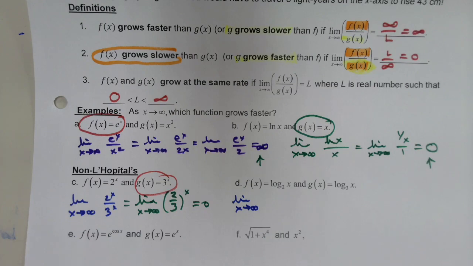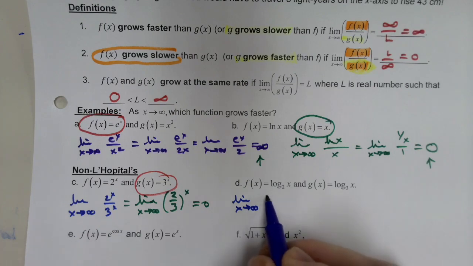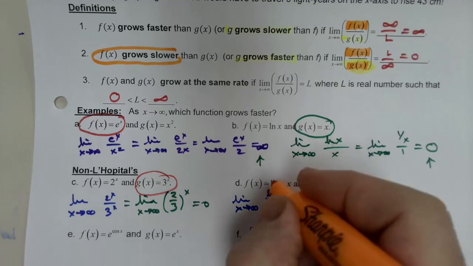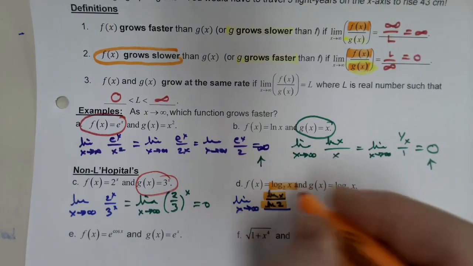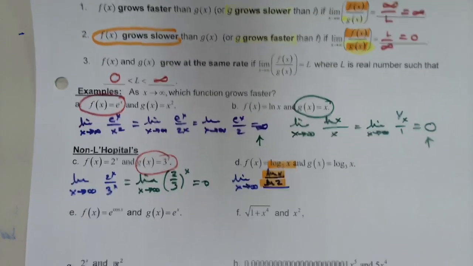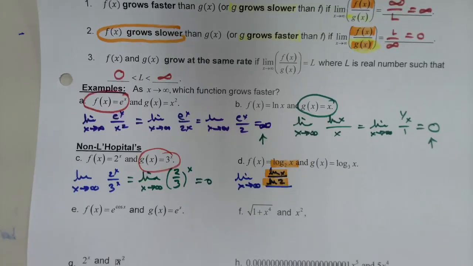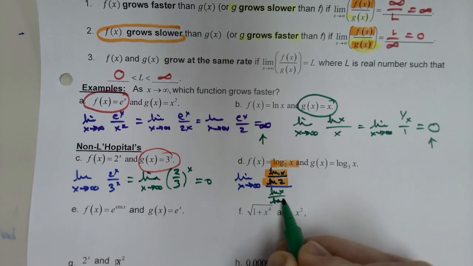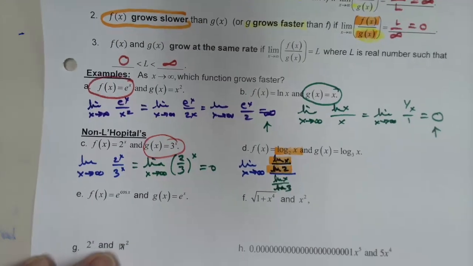So let's apply our log law and write this as the natural log of x divided by the natural log of 2. That's the same thing as this. They're the exact same thing. I didn't take any derivatives. I didn't evaluate any limits. I just used my log law. Same reason as this would be the natural log of x divided by the natural log of 3. This guy right here.